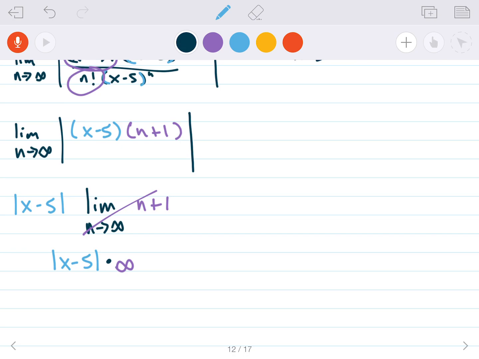So there's only one x value that we have trouble with, and that's when we have 0 times infinity, because then we'll have 0.